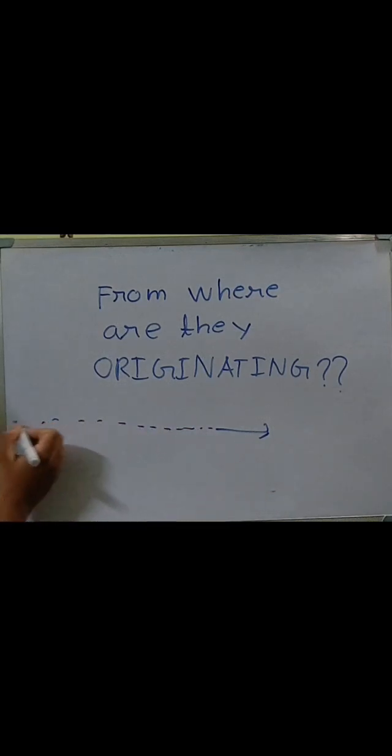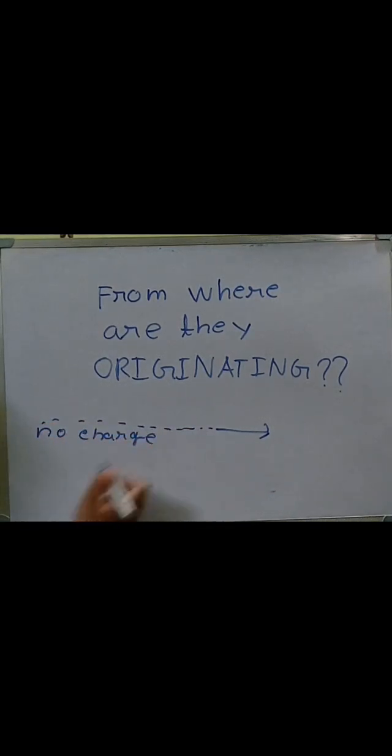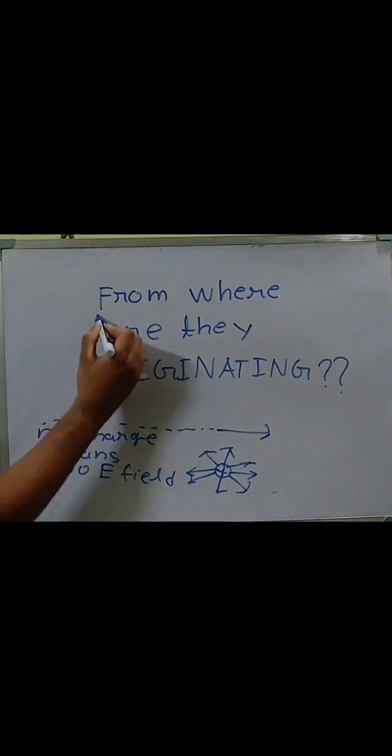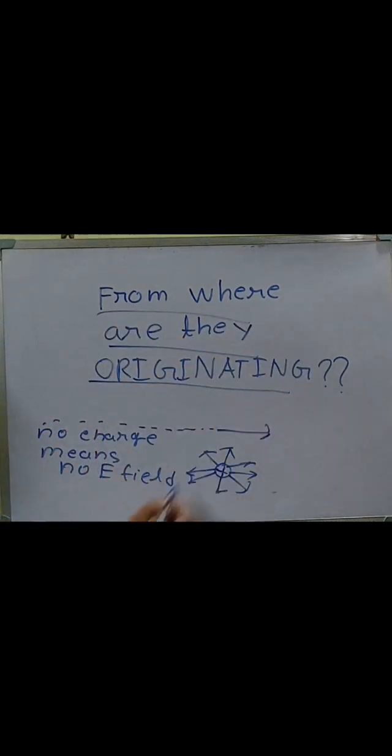If I extend these lines up to infinity, then there is no charge there. And without charge, an electric field cannot exist, right? A charge will create an electric field. If there is no charge, there is no electric field. So there must be a charge, right? So from where did those lines originate? And where are they going to terminate?